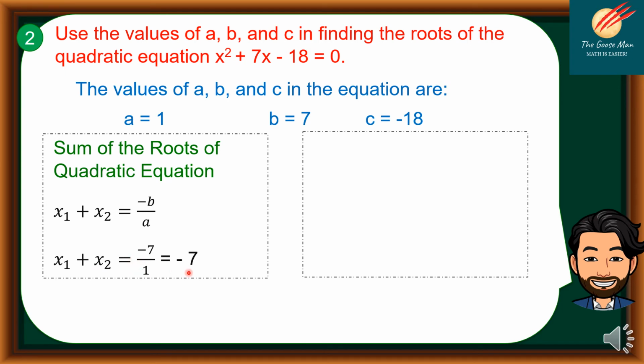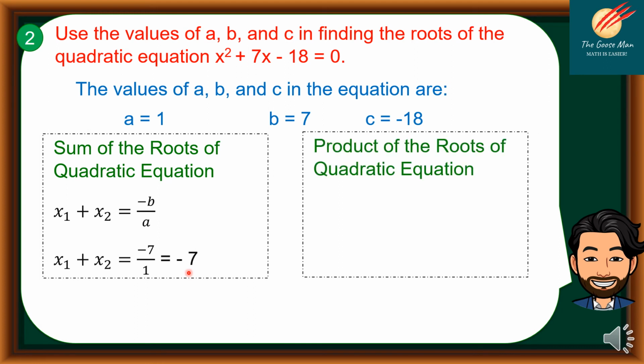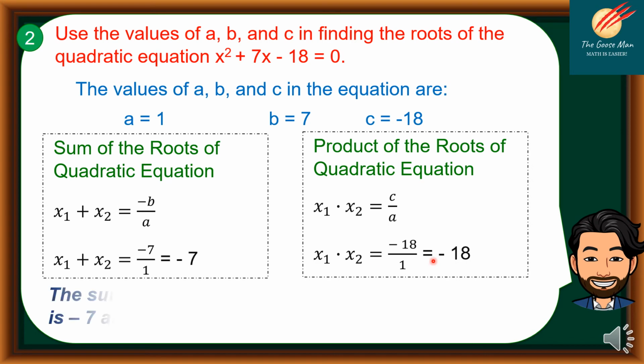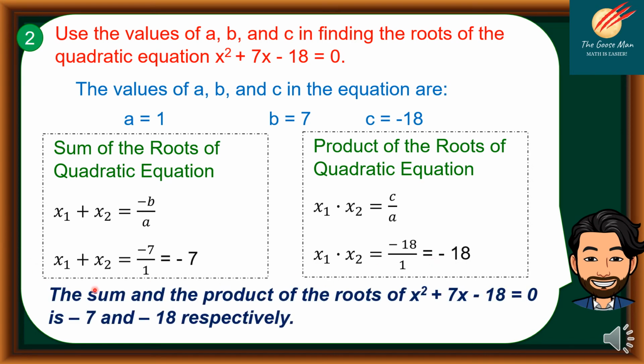On the other hand, the product of the roots has the formula x sub 1 times x sub 2 is equal to c over a. So this will give us negative 18 all over 1, or negative 18. Therefore, the sum and the product of the roots of x squared plus 7x minus 18 equals 0 are negative 7 and negative 18 respectively.